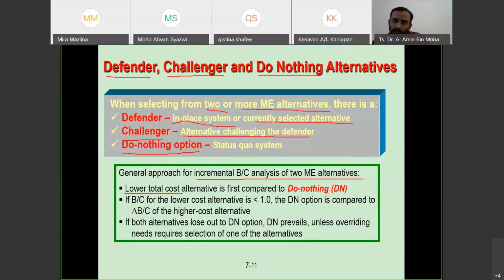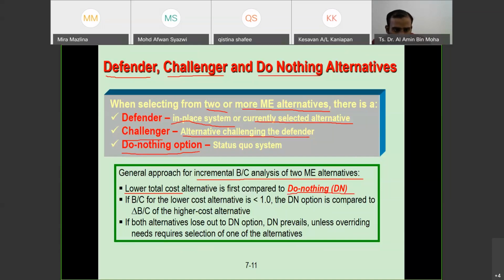If you have three, then we calculate the total cost for all three alternatives, by considering the same unit. If it's AW, then everything we compare in AW. Once you got that, you choose the lower one and then compare it with do nothing.